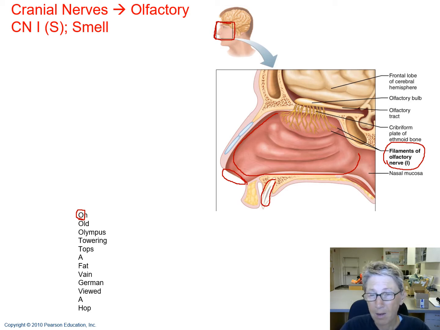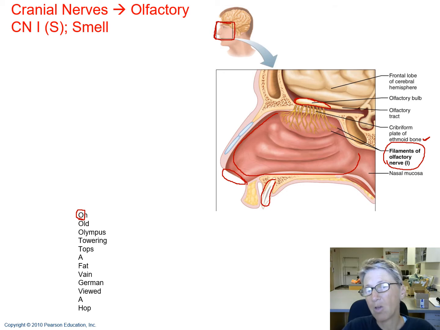And then those filaments go up through this thing called the cribriform plate of the ethmoid bone. This plate is a bone, but it's got a lot of perforations or holes in it, so that the filaments or the axons of the olfactory nerve can get to this thing called an olfactory bulb. And next slide I have a cartoon to show what's going on in the olfactory bulb.